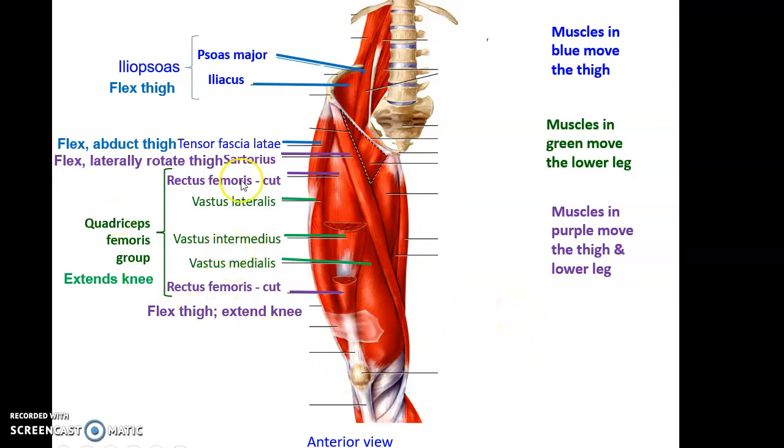The rectus femoris muscle by itself can help to flex the thigh at the hip joint. And it also can help to extend the leg at the knee joint. And then the quadriceps femoris group together is said to extend the knee. So moves the lower leg, extends at the knee.